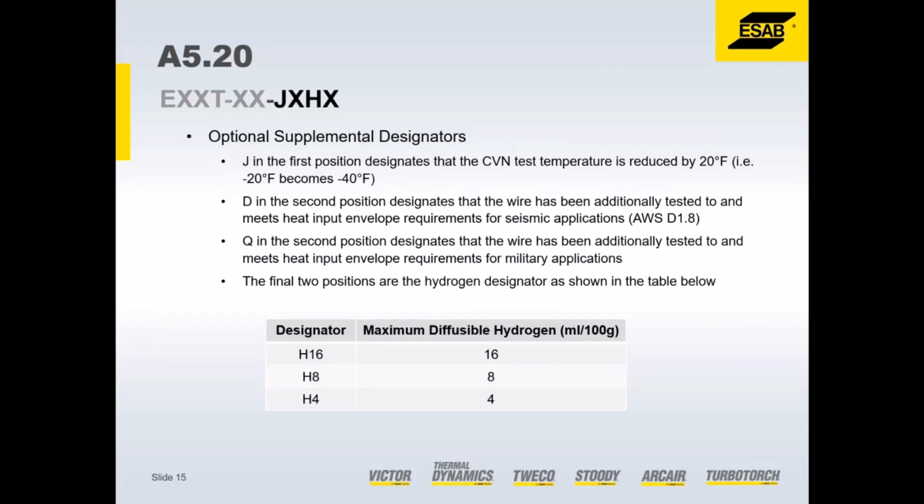Supplemental designators, the J is showing that it has improved impact properties, and then a D is an older designator, but you'll see it fairly often, and that was that it met AWS D1.8 for seismic applications, and then hydrogen designators, just as we've been going through for the past few presentations.